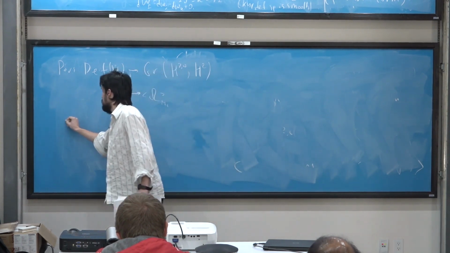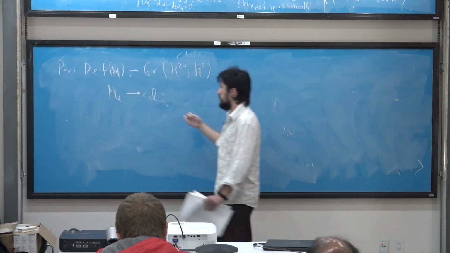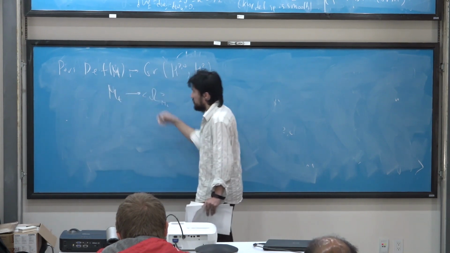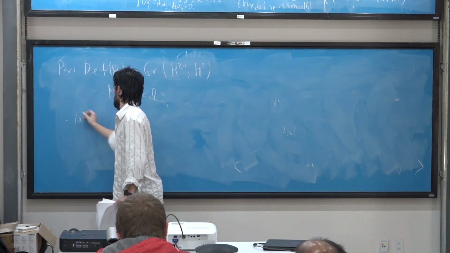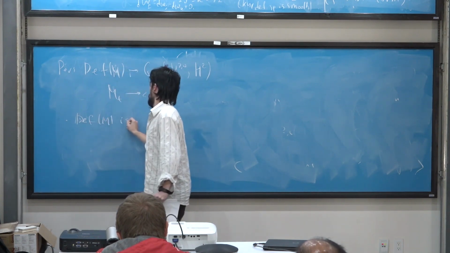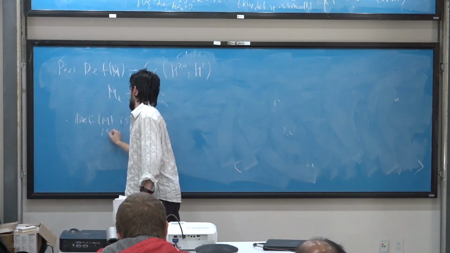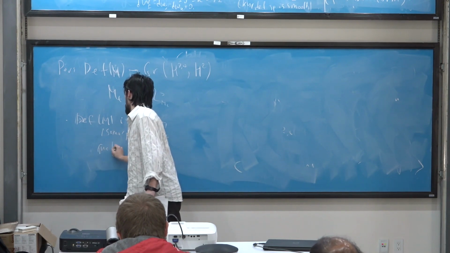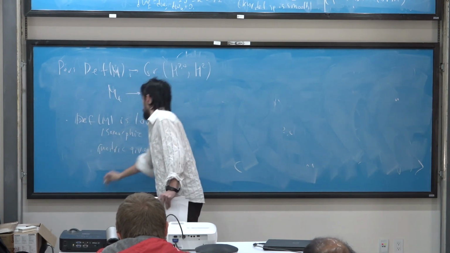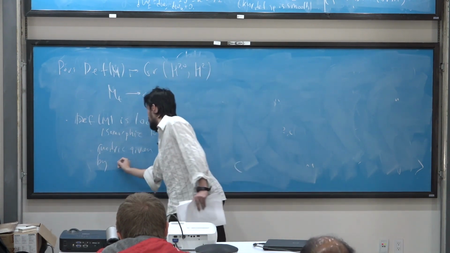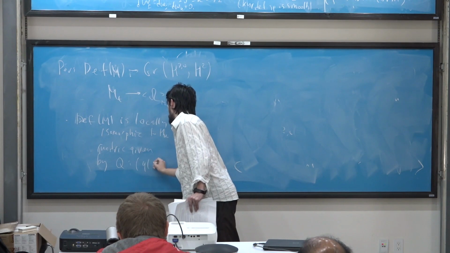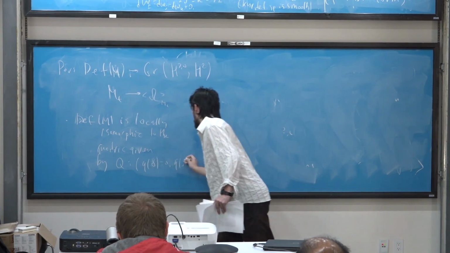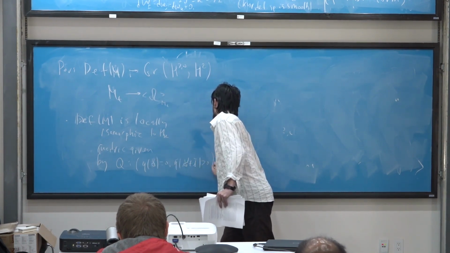And the observation of Bogomolov with this period map, the local Torelli theorem, says that this deformation space is locally isomorphic to the quadric given by the form Q.